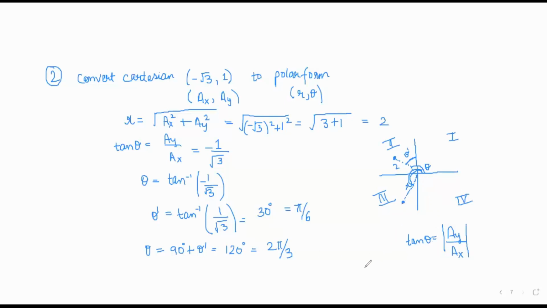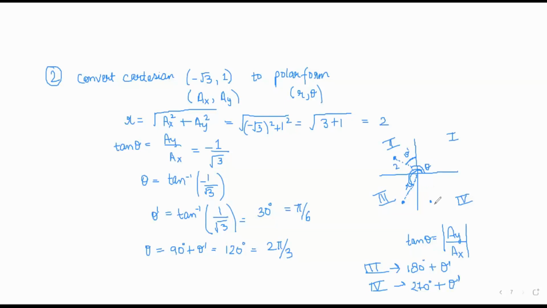If the particle lies in the third quadrant, we simply add 180 degrees plus theta. Similarly, if the particle lies in the fourth quadrant, we need to add 270 degrees plus theta prime.